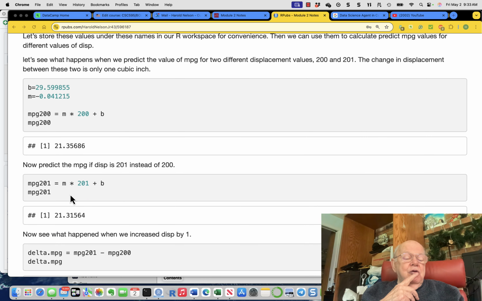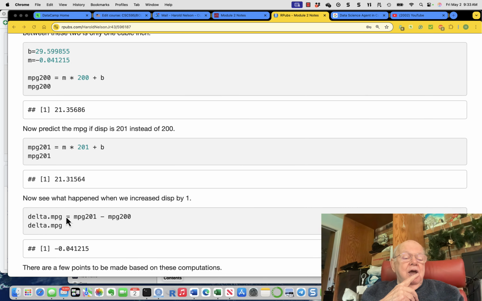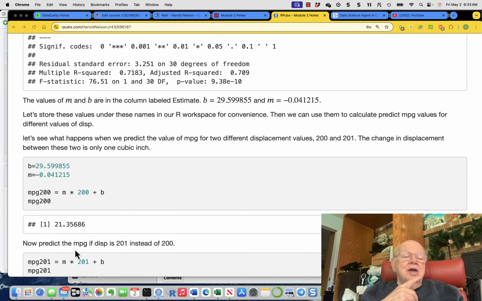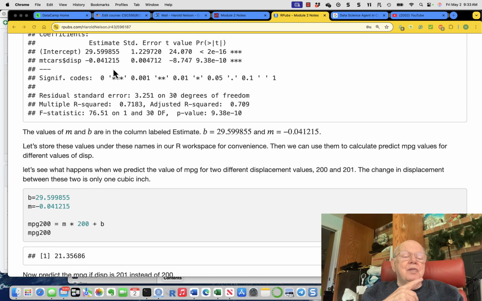And then I can also do the same thing for a 201 cubic inch engine and print out that value. And then if I look at the difference between the two, I get this thing, which is the same thing as this number.